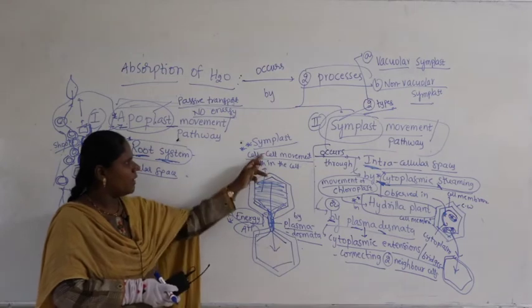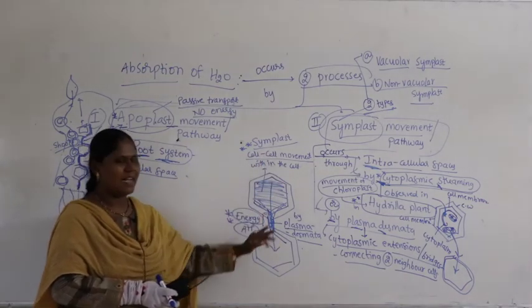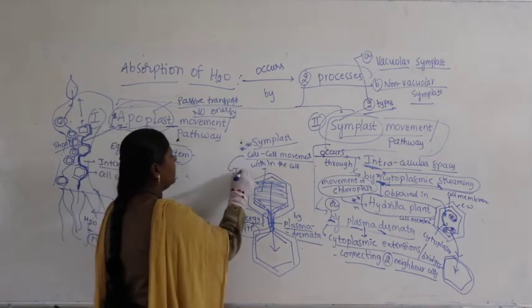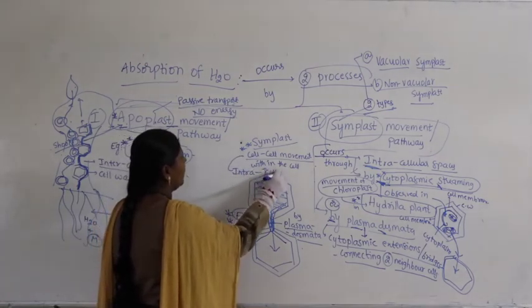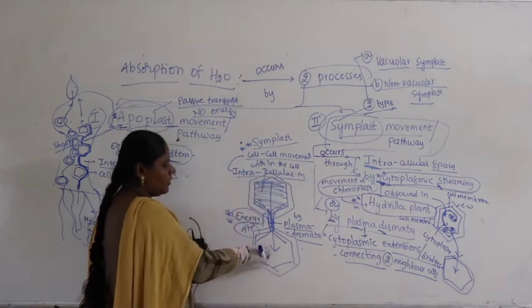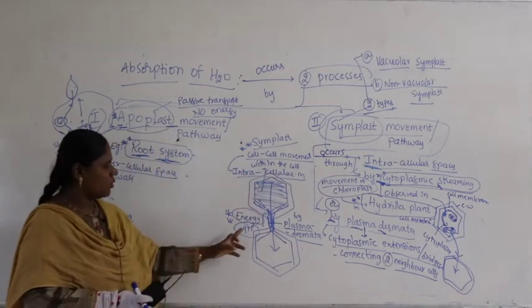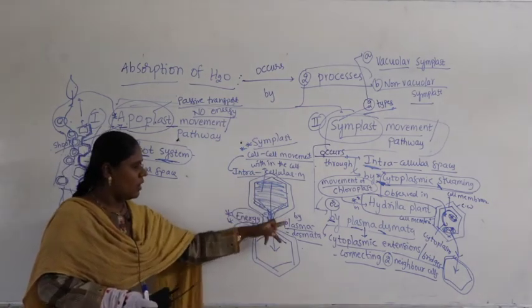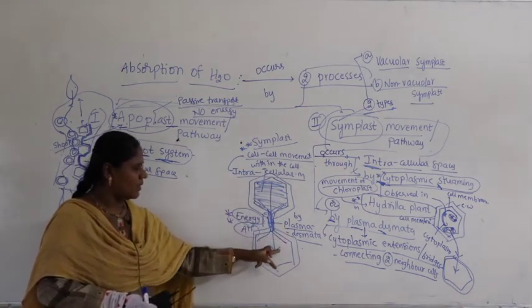Cell to cell movement, or intracellular movement, meaning same, that is, from within the cell going to the other cell. This process requires ATP. It may occur by cytoplasmic streaming or by plasmadesmata.